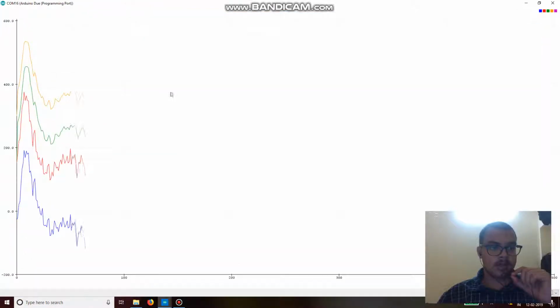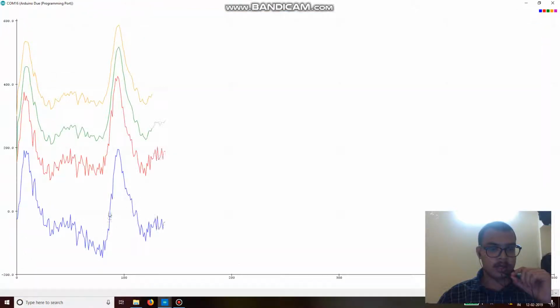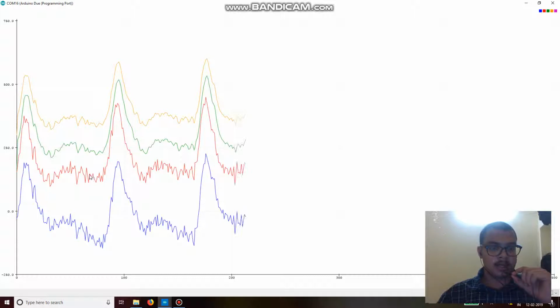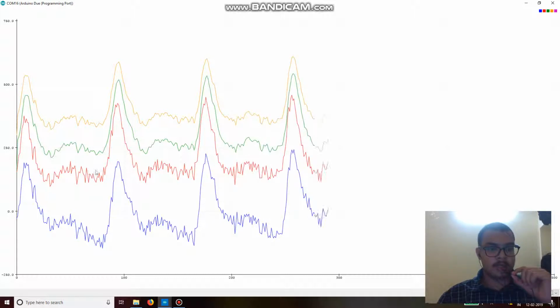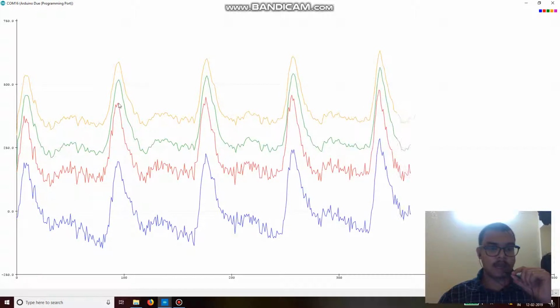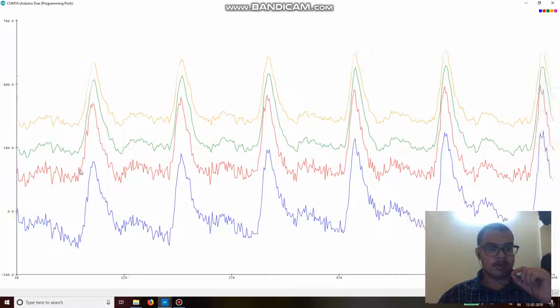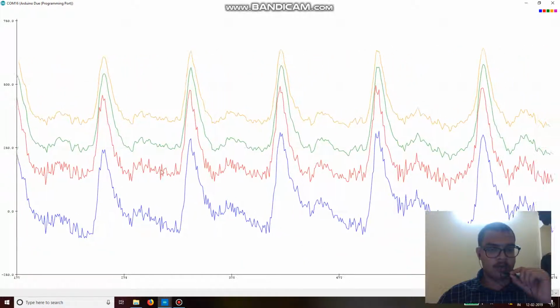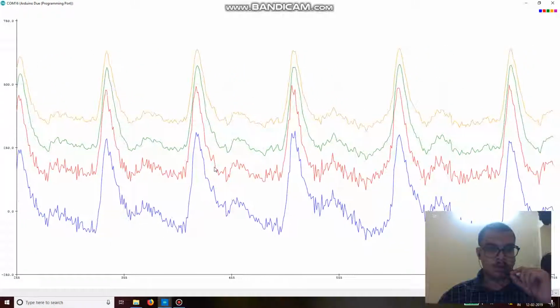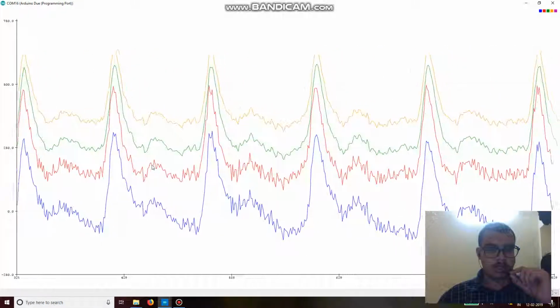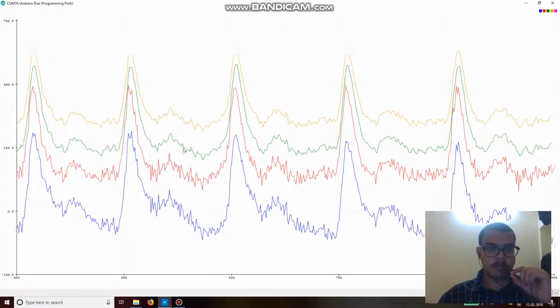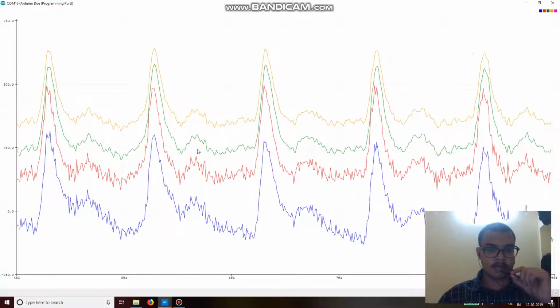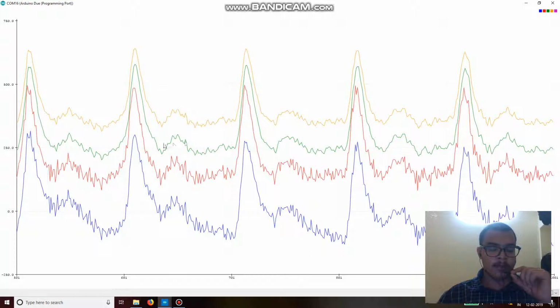This is the output, and this is our input signal in blue. In red we have our signal passed through the high pass filter. We can see some of the noise has been removed, and after we pass it through the low pass filter, we can see that much of the high frequency noise is removed, as is evident from the green graph.